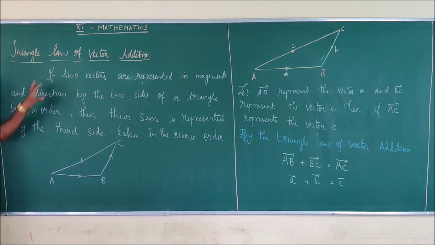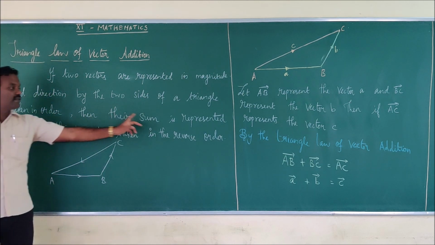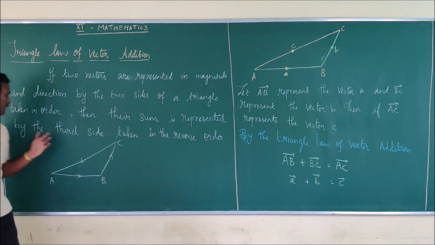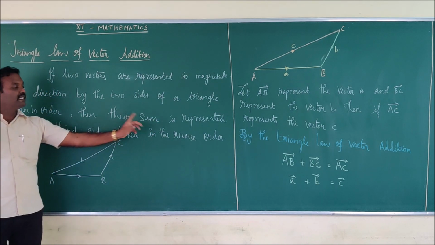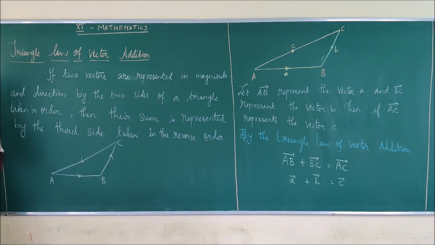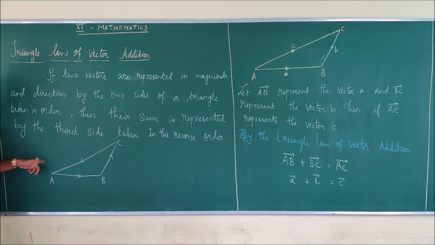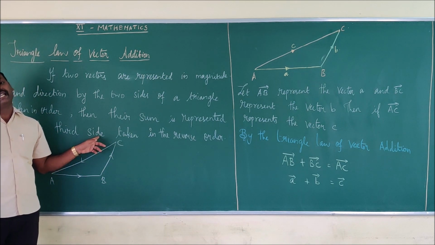But when you look at the last sentence of the statement, their sum is represented by the third side taken in the reverse order. Actually, our order is from C to A, but the resultant of AB and BC vectors must be in the reverse order, which means it will not be the CA vector, it will be in the order AC.